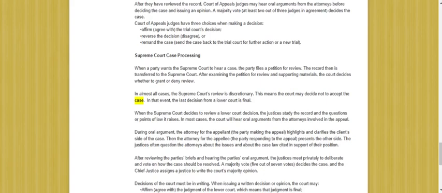So in other words, most likely if they're going to grant the review, then it must be something good enough for them to even give it enough time.